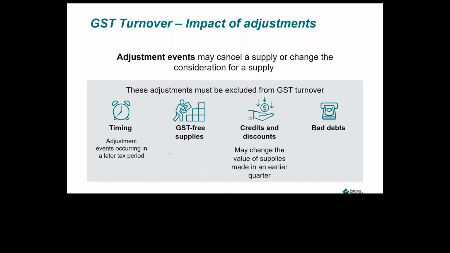But on the other hand, if you issue that credit note in September and it relates to a supply that you've made in June, then you would need to reverse out that adjustment for JobKeeper purposes.